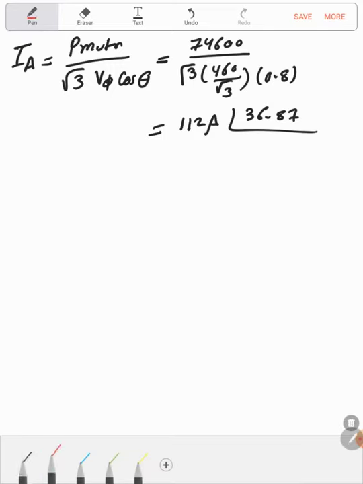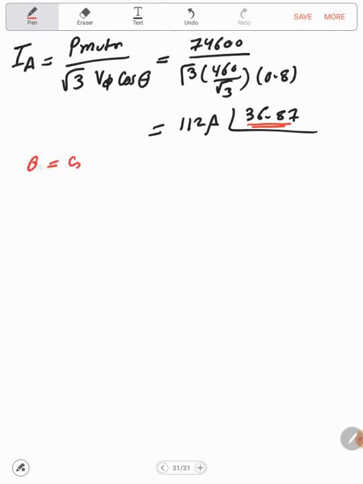This angle is the power factor, so theta equal cosine inverse of the power factor, which will equal cosine inverse of 0.8, and this will equal 36.87 degree.